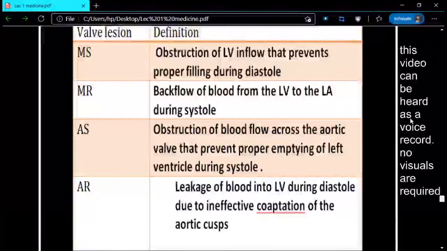MR, between the left atrium and ventricle, is backflow. AS is outflow obstruction during systole, across the aorta.